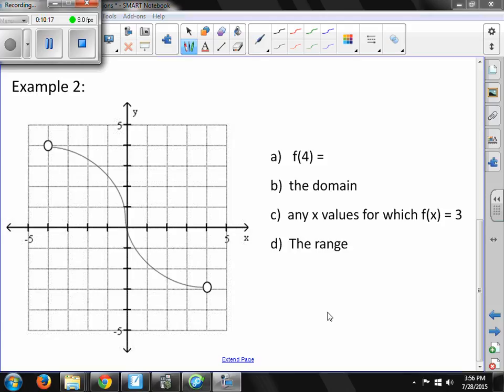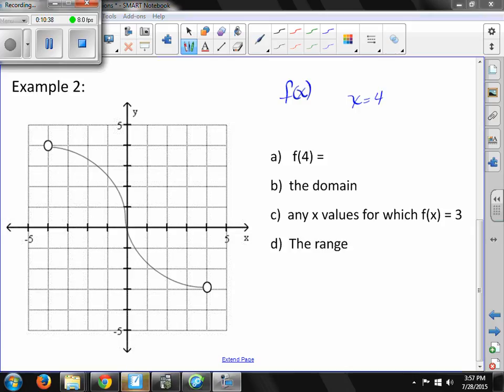This is the last one. I had a little trouble copying this graph. It didn't come out as perfectly as I'd hoped, but we'll start off with f of 4 is equal to what? F of 4. We have f of x. That means the x value is 4, and I'm looking for the y value.